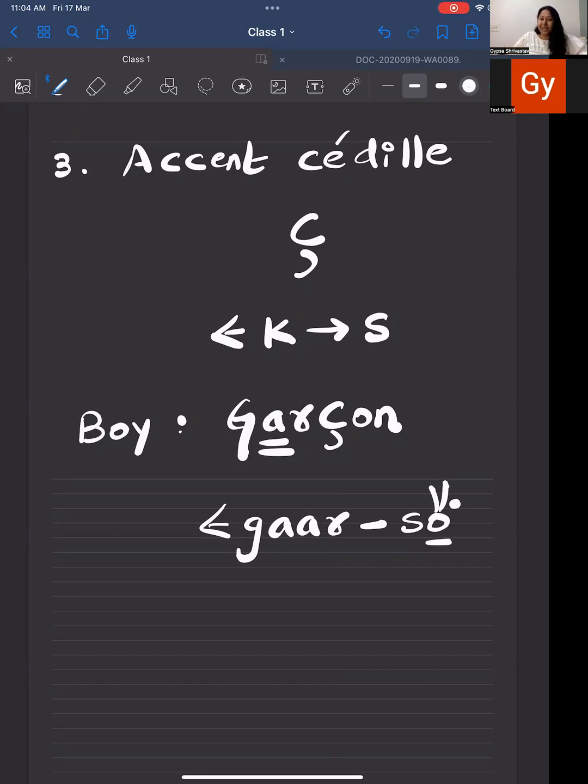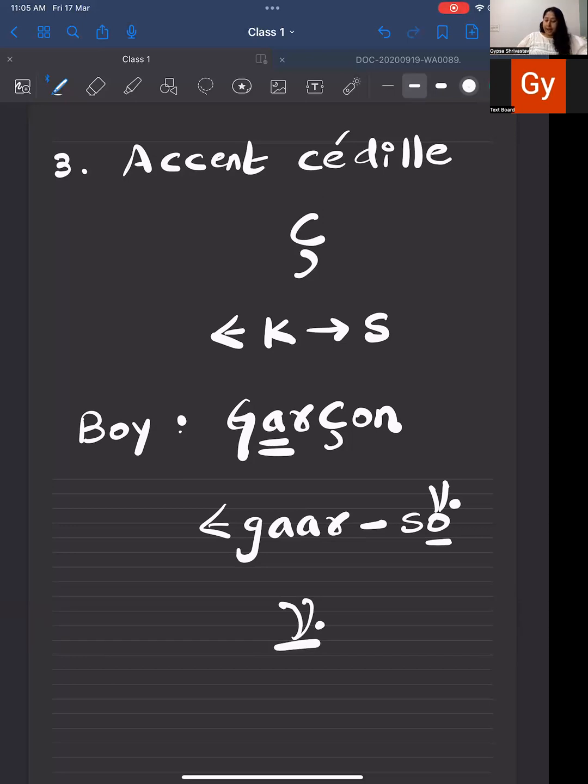It's a slight sound between O and N. We don't want to say garçon. We want to say a slight sound, garçon, between O and N. Okay? In Hindi, this matra is also called on. So whenever I write this particular symbol, it basically means an on sound.